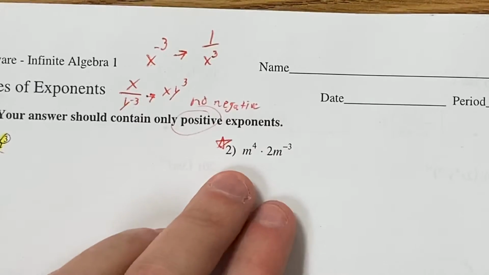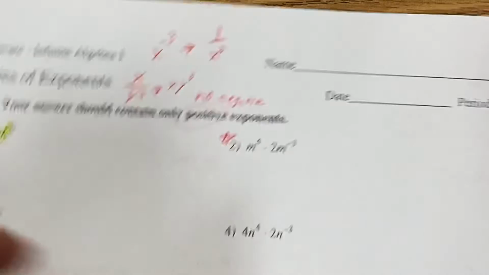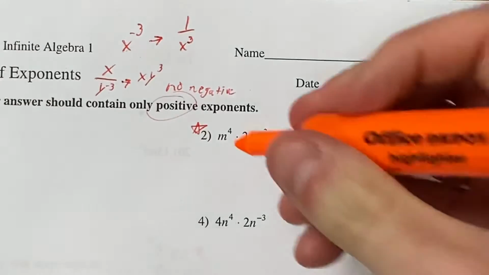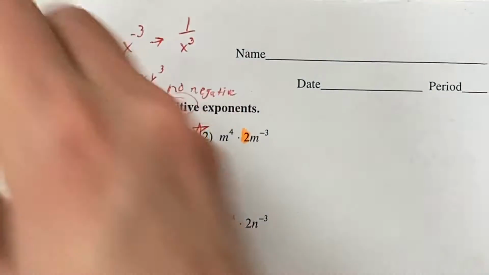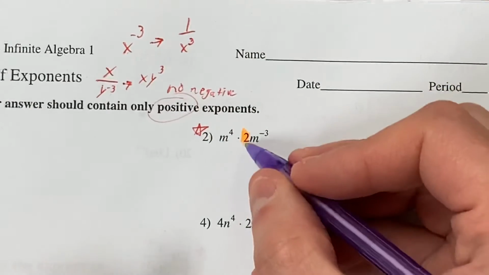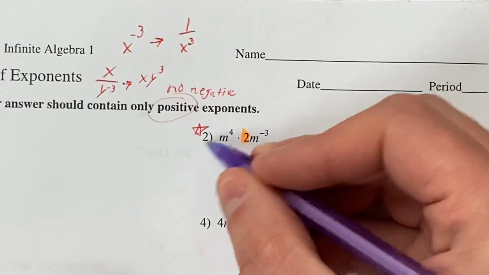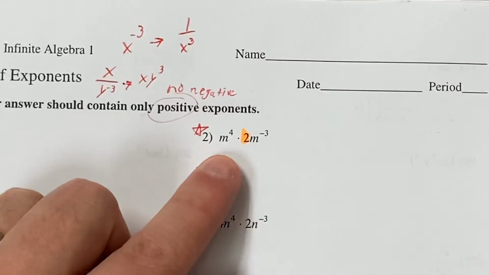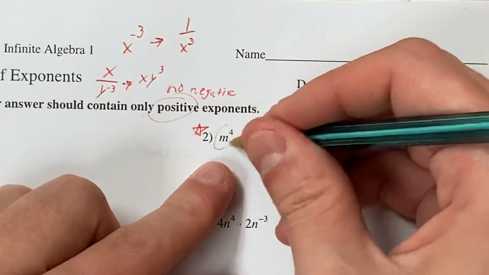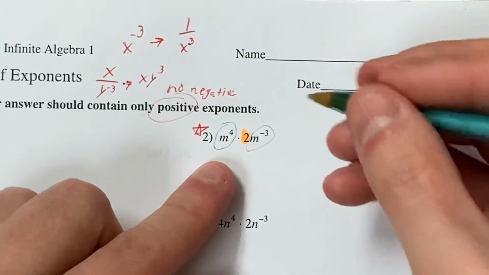For number 2 here, notice that it also does have a regular number. It's not an exponent, it's just a regular number. Because it's there, that means our answer is going to have it as well. There's nothing in front here to actually multiply it with, so we're just going to have a 2. And then you have an m to the 4 and an m to the negative 3.